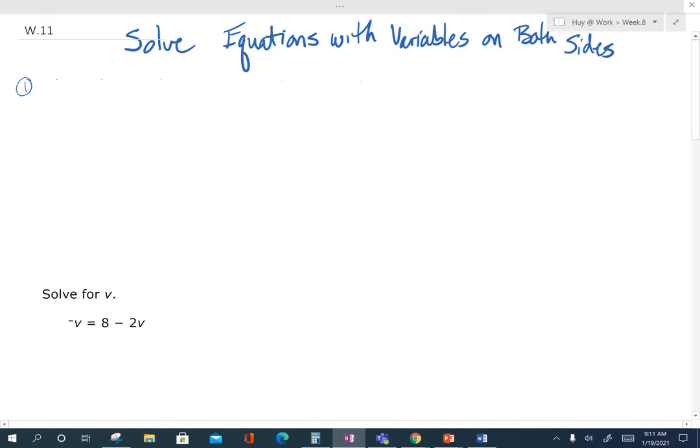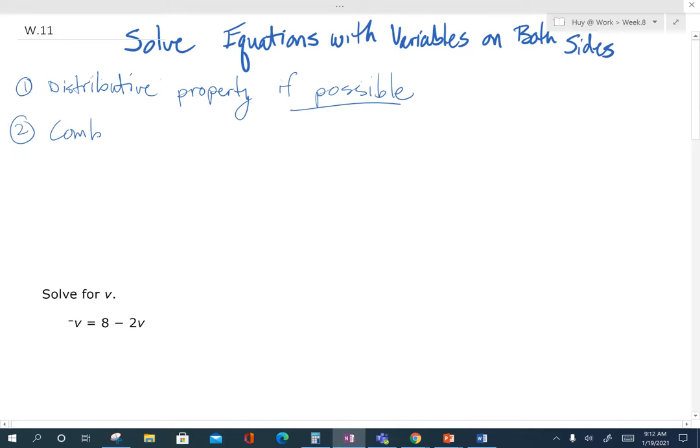First, we want to focus on distributive property, if possible. Next, you want to look for like terms and then combine like terms.